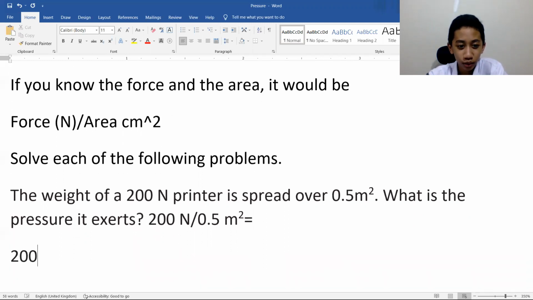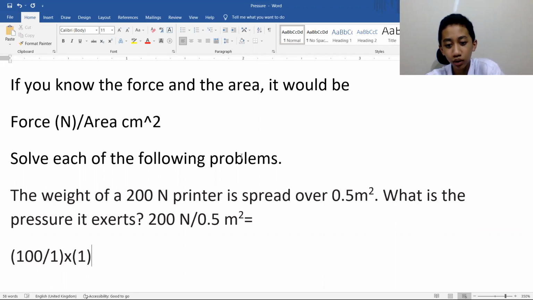Well, we can transform it into a fraction. 200 over 1 multiplied by 1 over 2, which makes 0.5.